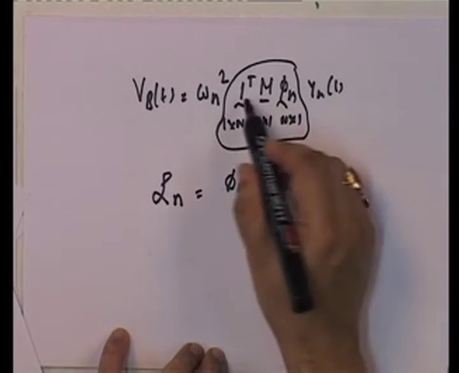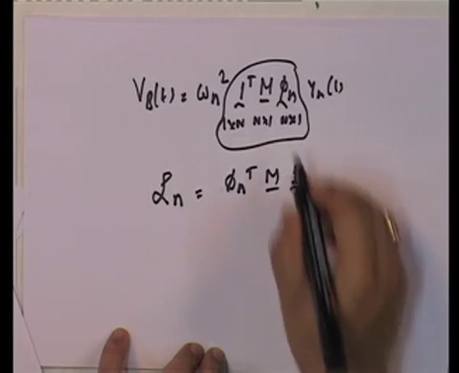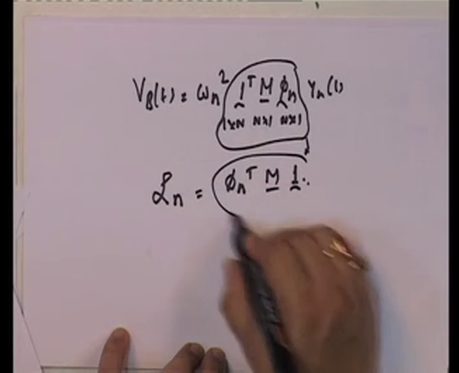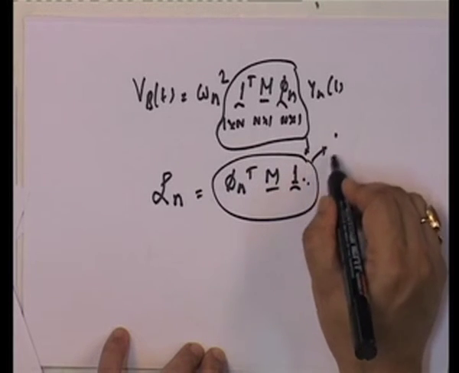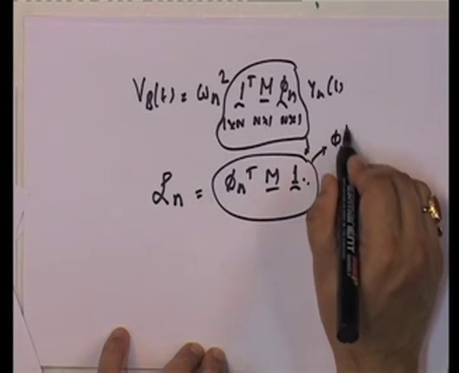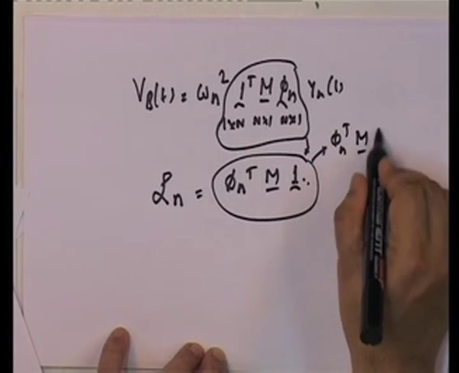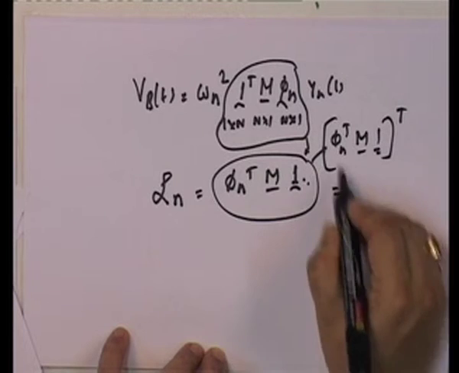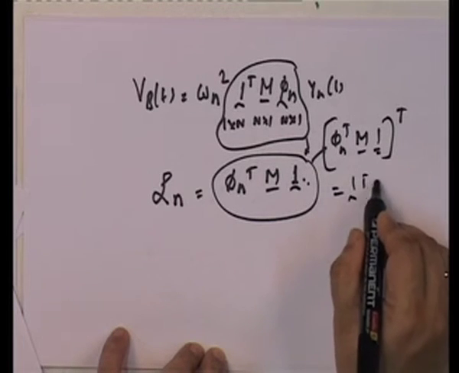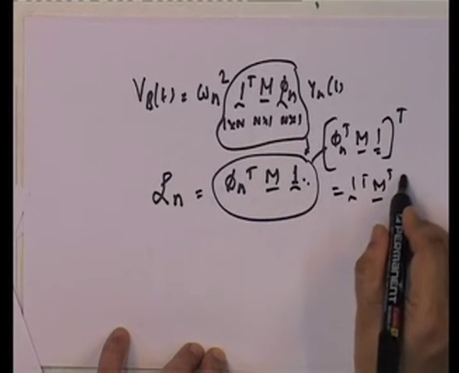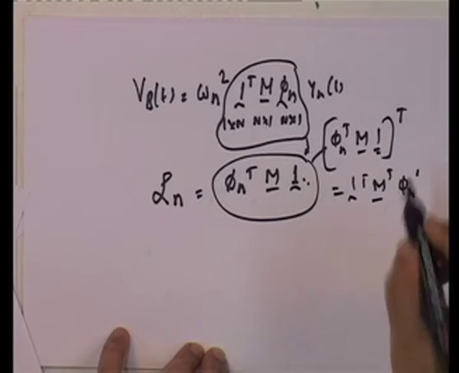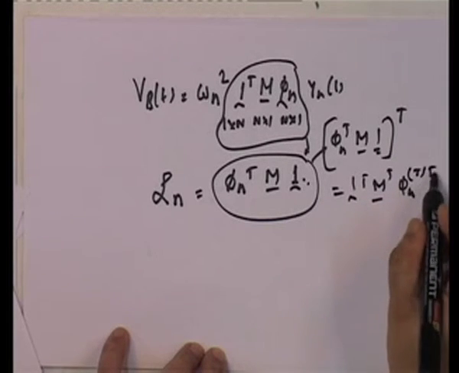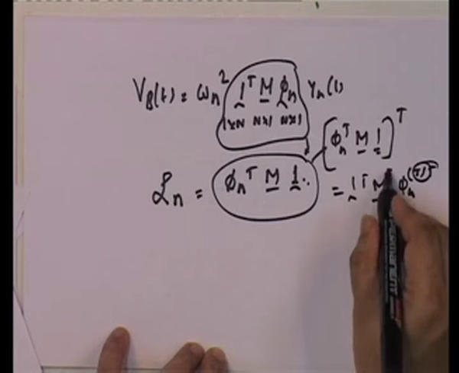Now, let us look at this. What is this? This is phi n transpose m 1, whose transpose is 1 transpose m transpose phi n transpose, which is nothing but itself, and m transpose is m.